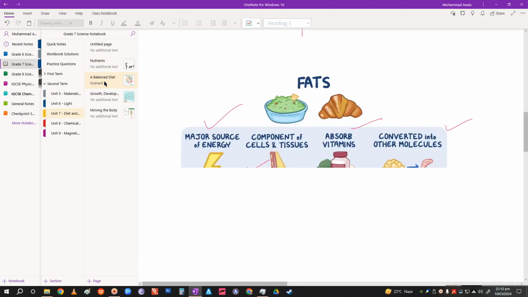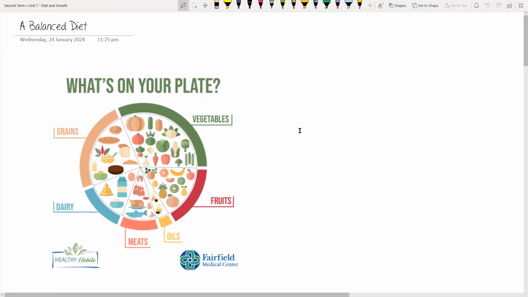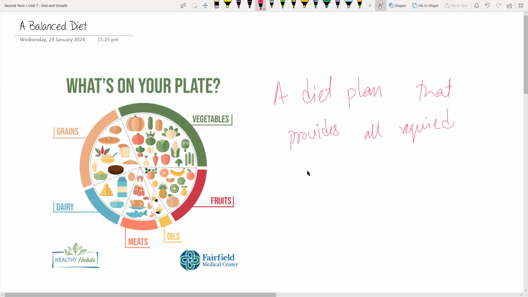So let's move on. What is a balanced diet? So what's on your plate? What is a balanced diet? It is a diet plan that provides all required nutrients, right?